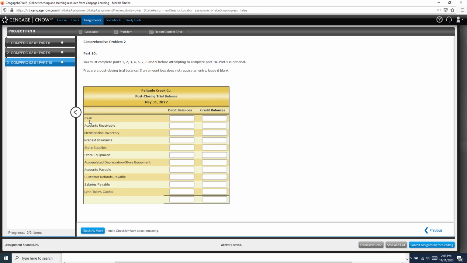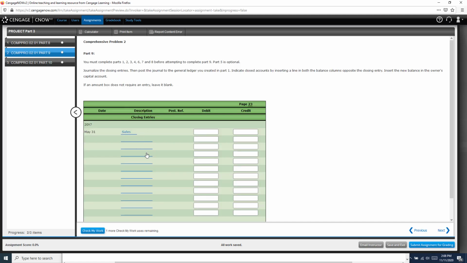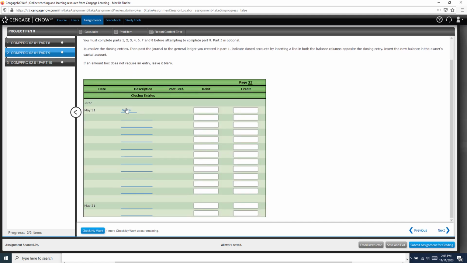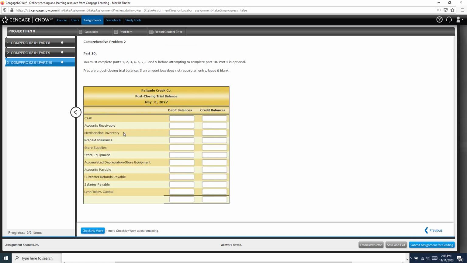Okay, what about these cash, accounts receivable? Were these impacted by the closing entries? Well, let's go back to the closing entries. Here are the closing entries, and all of these accounts that you had booked it to. Did any of these have accounts receivable? Any of these have merchandise inventory? No. If it's not, then it should be the same balance that you had before.